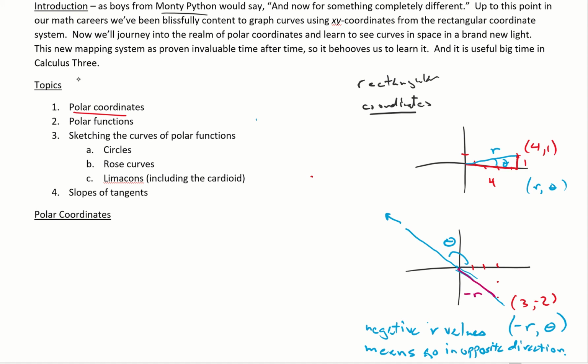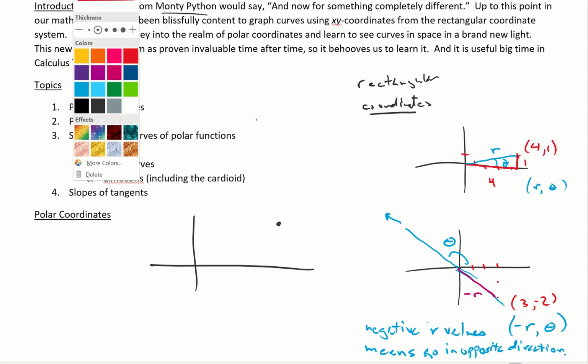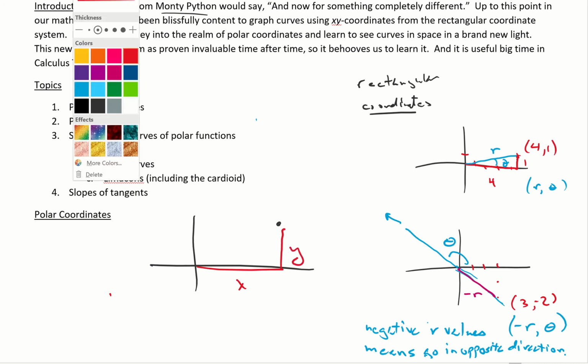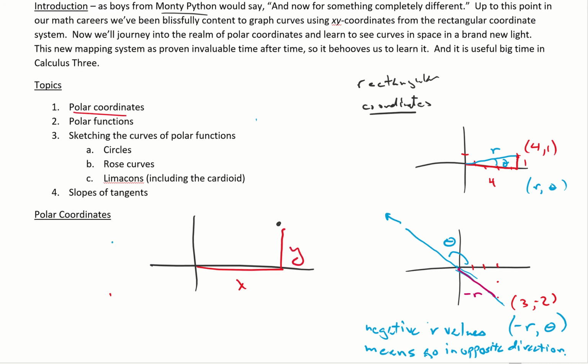By this picture, you're able to see, if I put a point out here in space, call it x, y, okay. So you're going to travel x and you're going to travel y. We know from trigonometry there's an easy jump to this picture. This is a very common picture in trig and in geometry itself, okay?